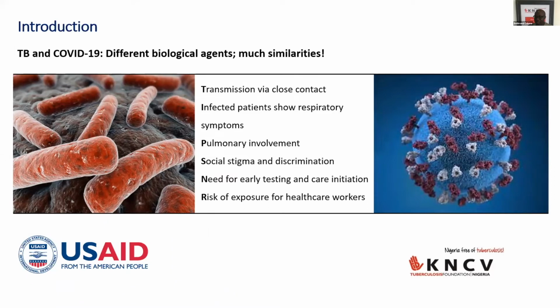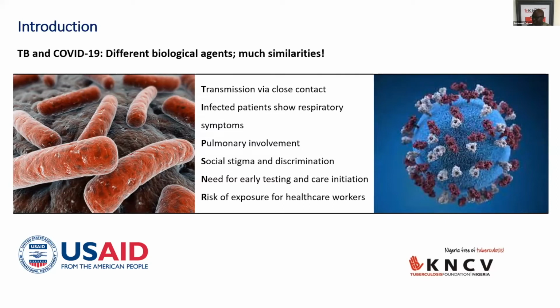COVID and TB, though different biological agents, have very many similarities. The transmission is by close contact. Infected patients show respiratory symptoms as the primary organ of infestation is the lungs. Social distancing, stigma, and discrimination have become key issues, and there is a need for early testing and care to improve mobility and decrease the mortality associated with both diseases.